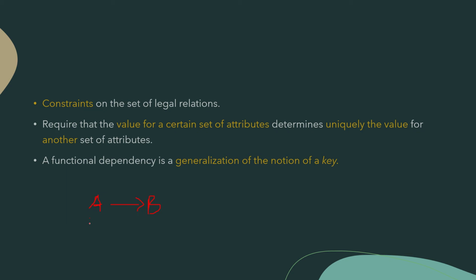If you know the value of A, and we can uniquely identify the value of B, then we can say A implies B. That means B is functionally dependent on A. We can also say that a functional dependency is a generalization of the notion of keys. We already studied keys, so the general form of a key is functional dependency.